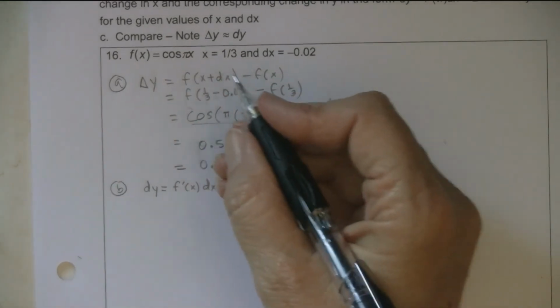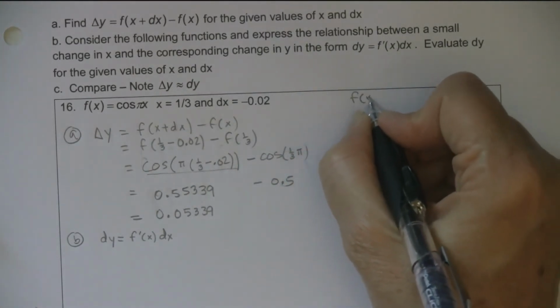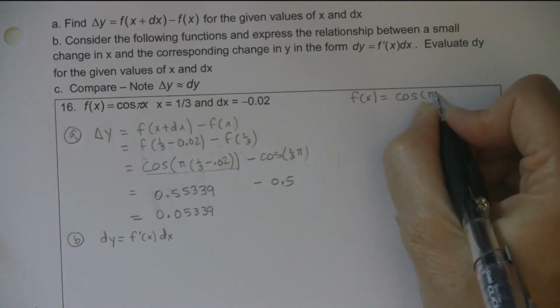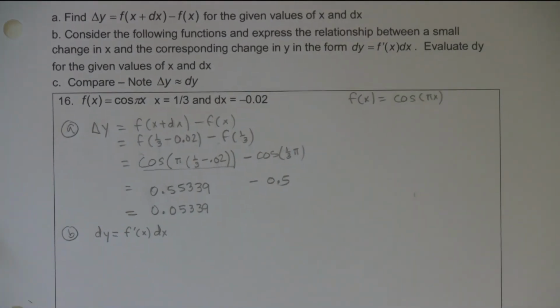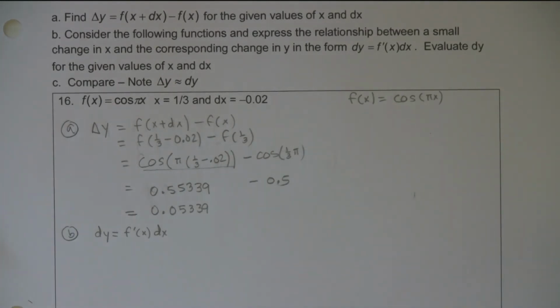I haven't found the derivative, but let me find the derivative of this. F at x equals cosine of pi x, and I want to write it like that just so that you can see that I have to use the chain rule. I know the derivative of cosine of x, but anything more complicated than that, I'm going to have to use a rule, right?